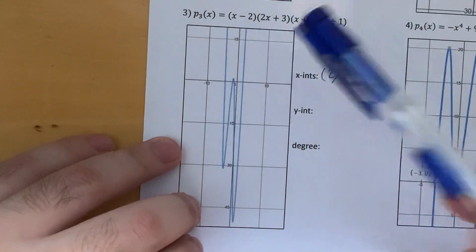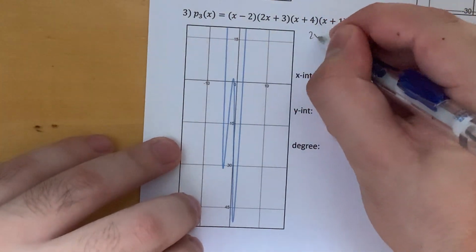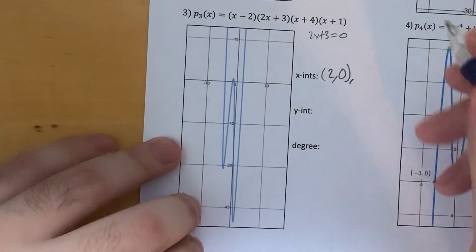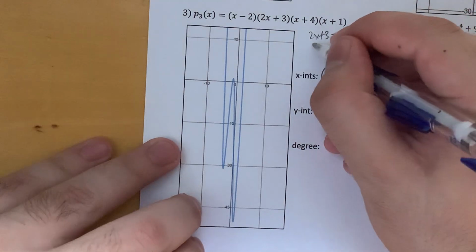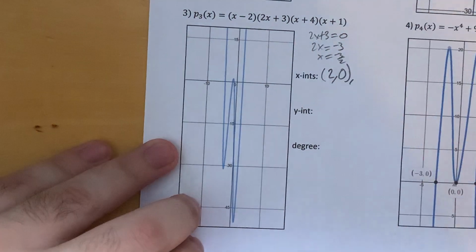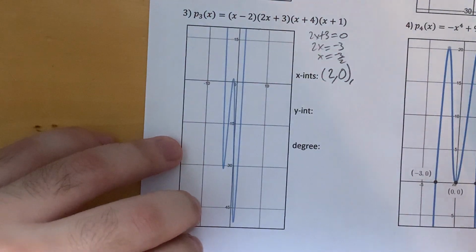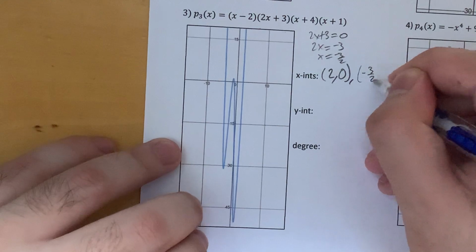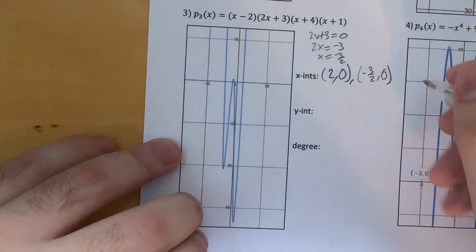And for 2x plus 3, I can set 2x plus 3 equals 0 and solve for x. That's another way of doing it. So I get 2x equals negative 3, x equals negative 3 over 2. So if I plug in negative 3 over 2, I should get a 0 within that one. So I'll do negative 3 over 2, 0.